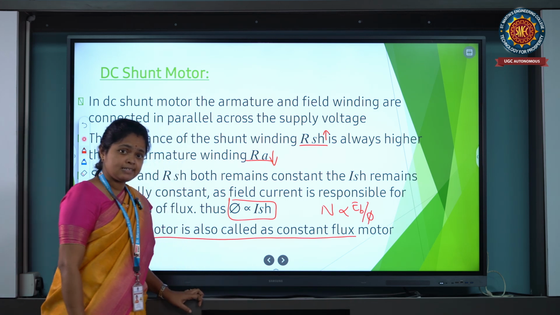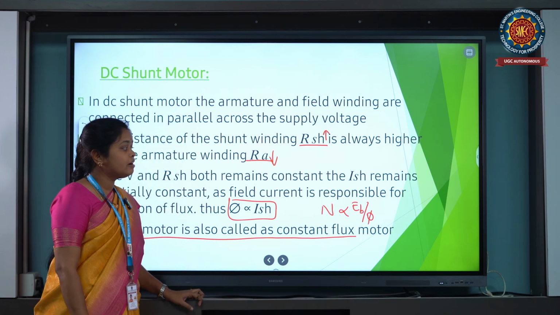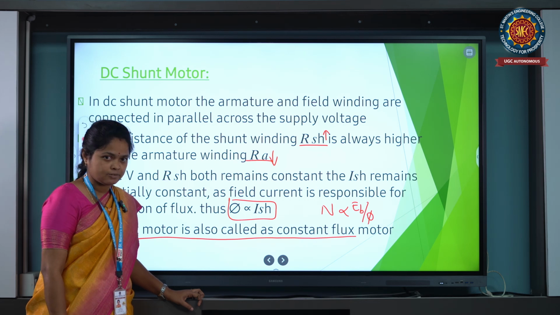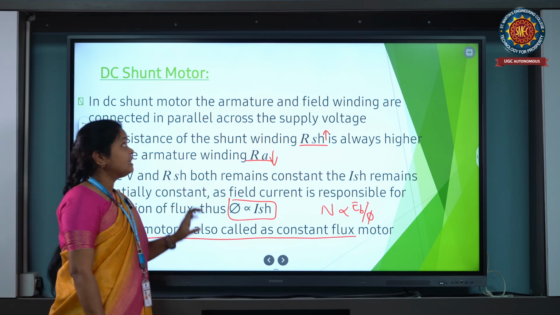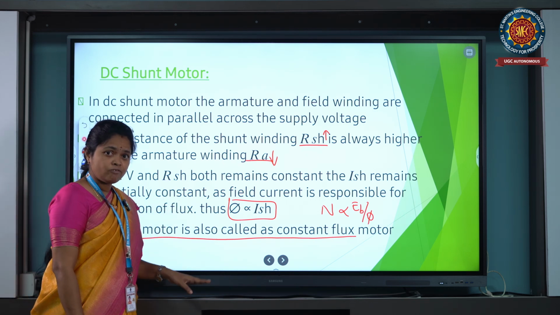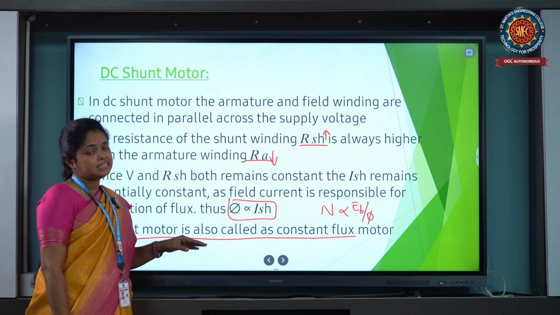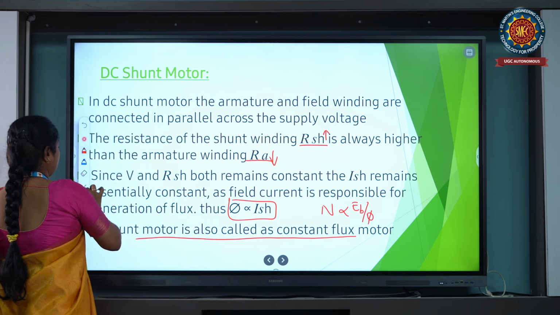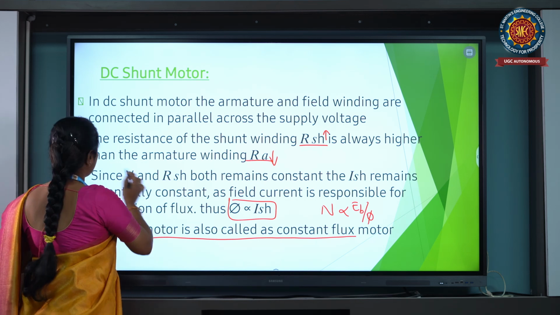Whenever the flux is constant, the speed of a DC shunt motor is also constant. The conclusion is that the shunt motor is a constant flux motor and a constant speed motor.